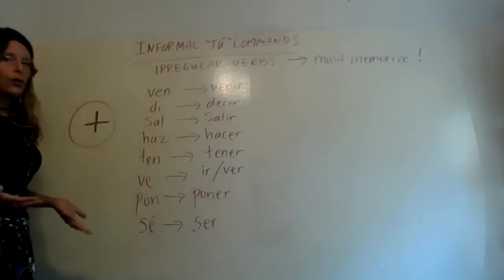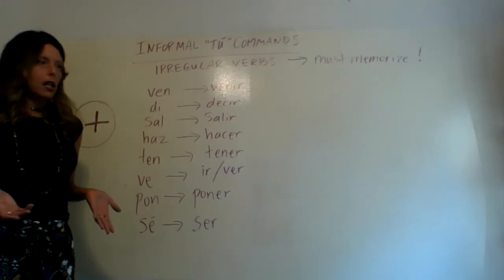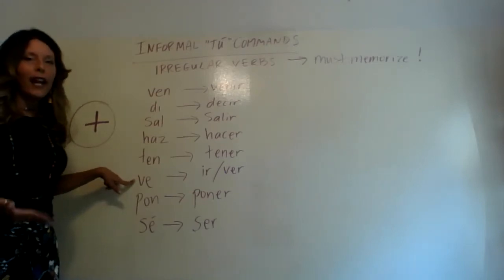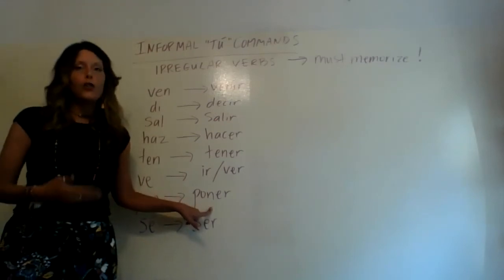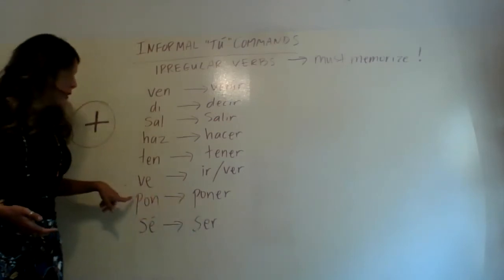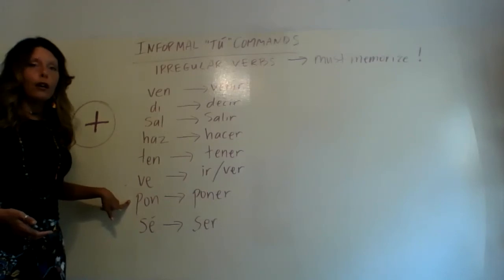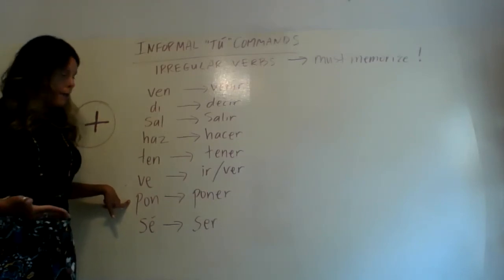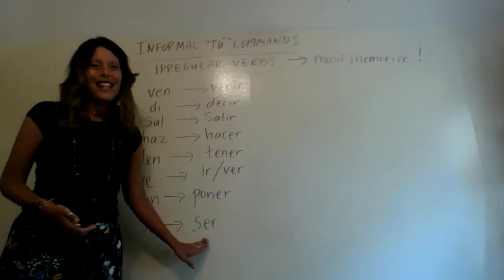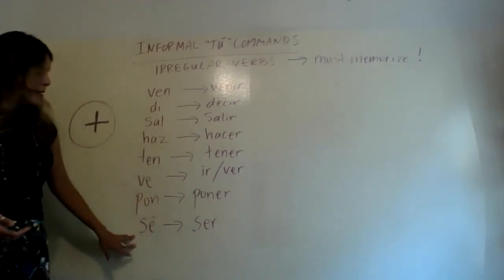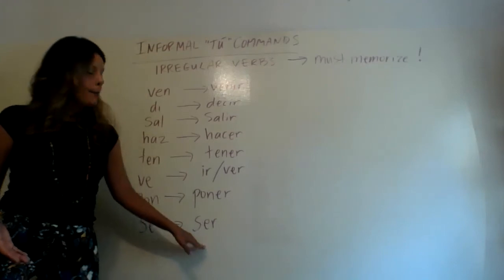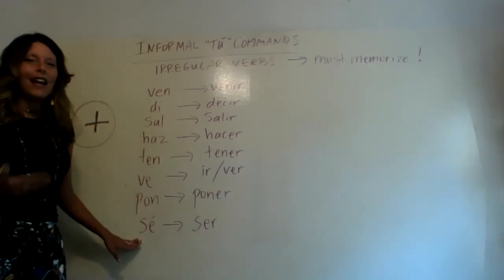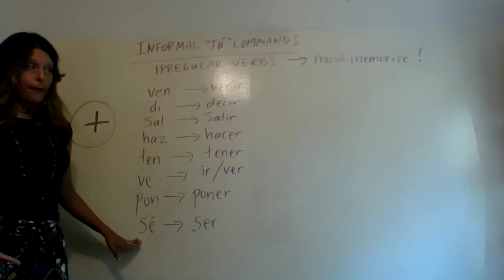Both of those just happen to be ve, V-E. For poner, to put or to place, it is pon, P-O-N. And for the verb ser, the only one of these that has an accent mark, for ser, one of the ways to say to be, it is sé, S-E with an accent.